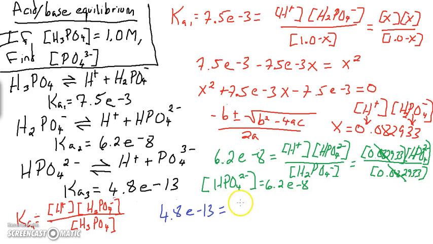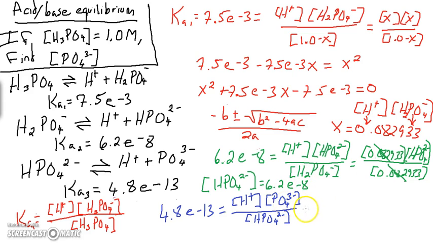And in this case, that's equal to, again, my H plus, and then this time my product is PO4 3 negative, and on the bottom I have my reactant, which is HPO4 2 negative.